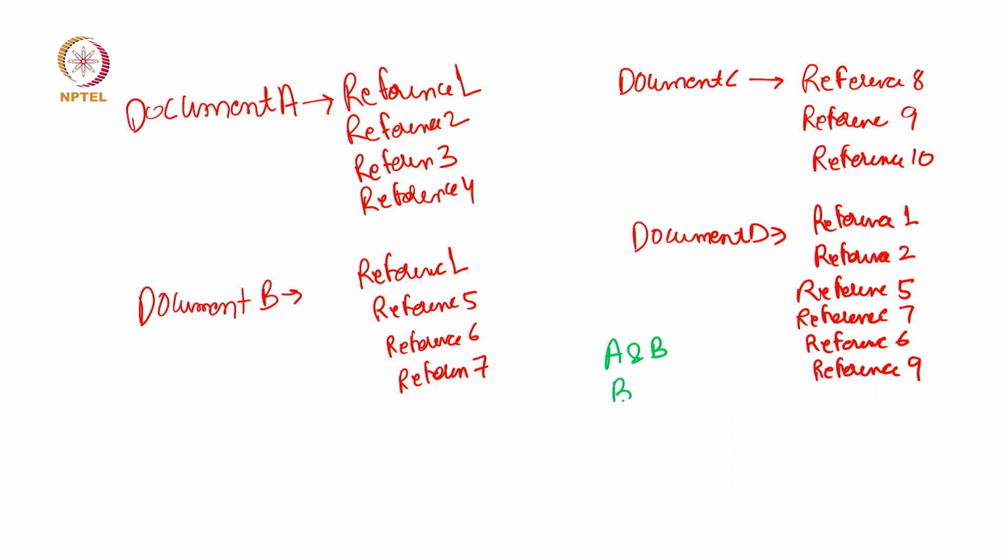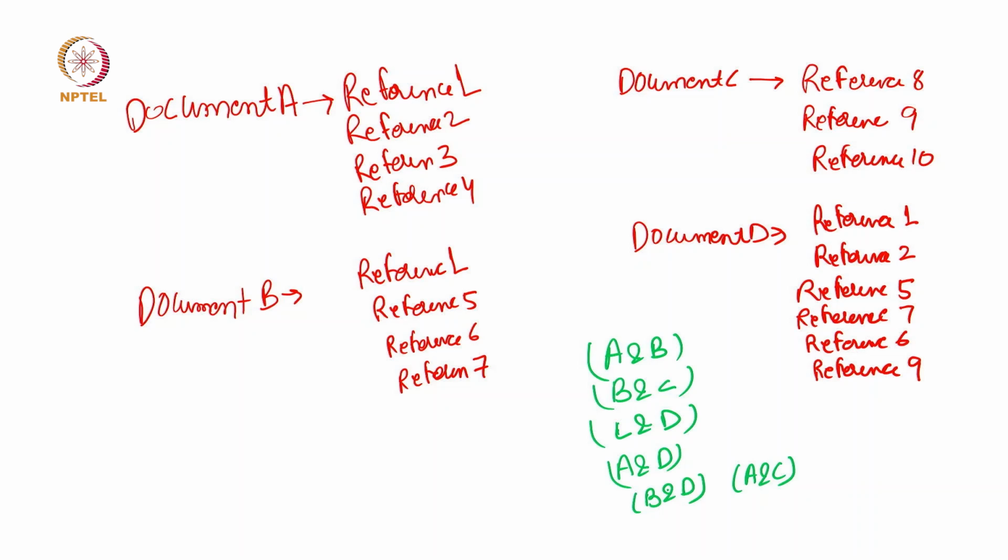Then B and C. Then C and D. Then A and D, and then B and D, and we have to see A and C. So these are the 6 pairs of documents we have, and now we have to calculate the bibliographic coupling.